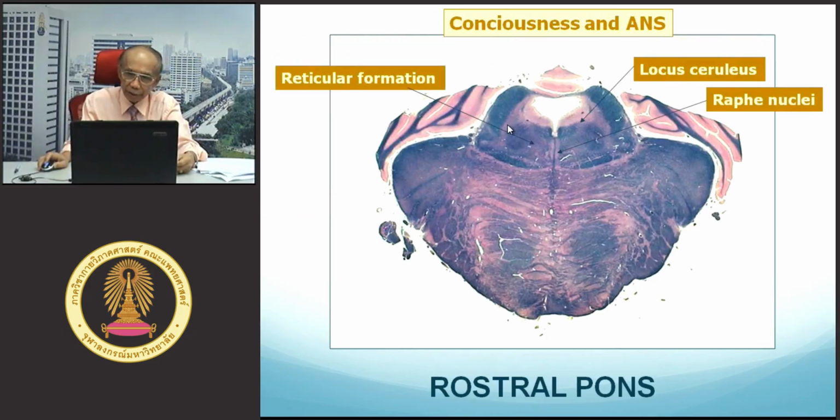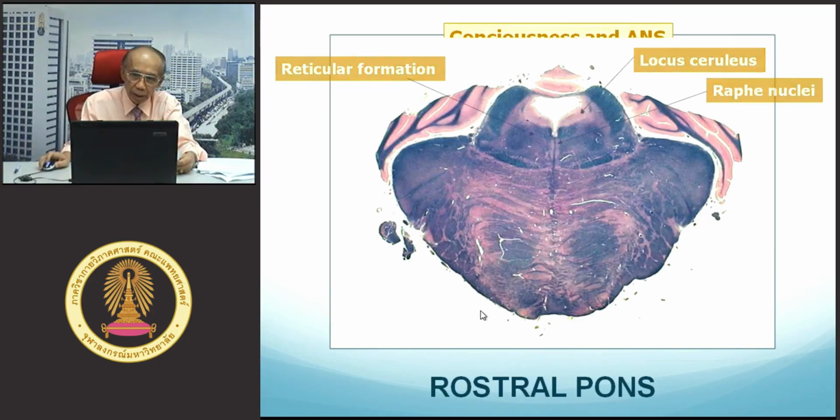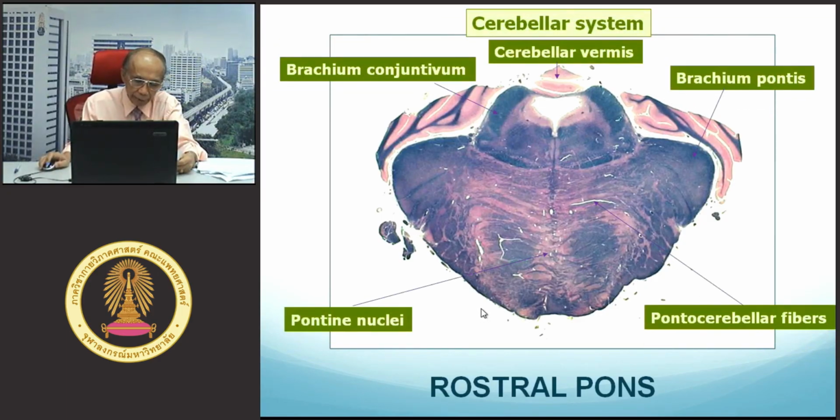The consciousness system and ANS include reticular formation, locus ceruleus, and raphe nuclei in the midline. The cerebellar system includes cerebellar vermis, the brachium conjunctivum, the brachium pontis, pontocerebellar fiber, and pontine nuclei.